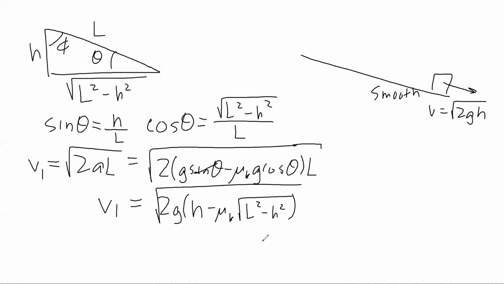As the height approaches the length, what happens to this? Well, no matter what the coefficient is, final speed would approach just 2gh, actually. No, it wouldn't. It would be 2gL, excuse me, because the h's would cancel. So this isn't the best equation to do limiting cases with, but certainly there's plenty of opportunity for discussion here.